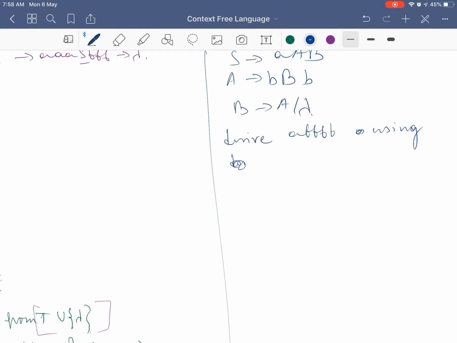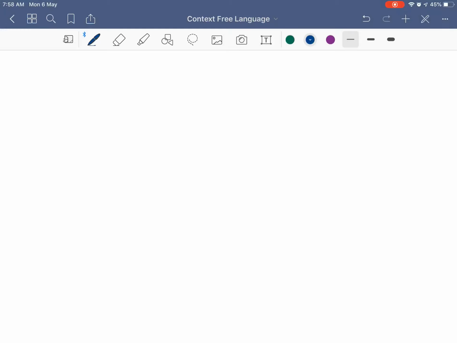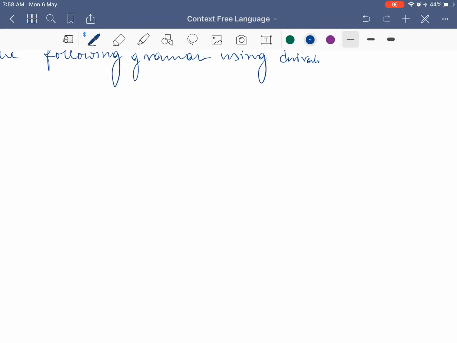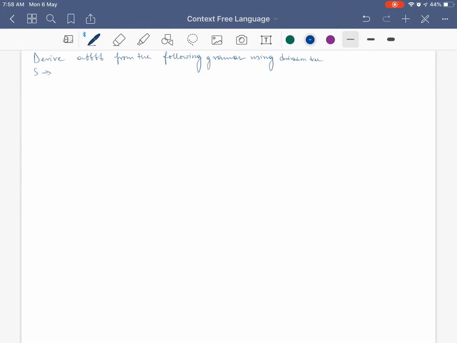I must draw it on the next page, sorry. Derive A4B from the following grammar using a derivation tree.